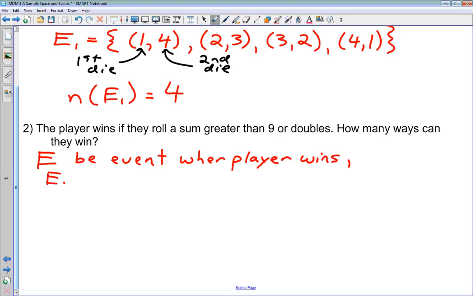And we'll define E1 as the event where, let's say, the player rolls greater than 9.